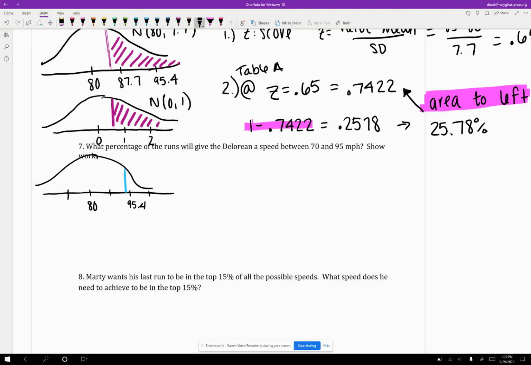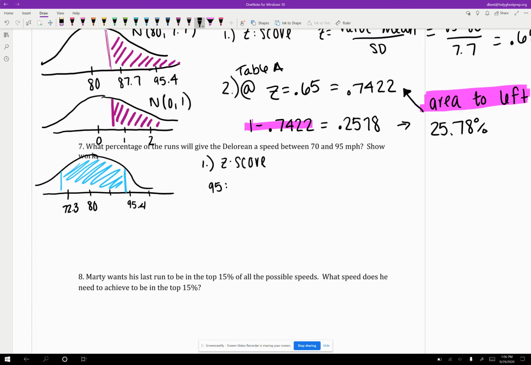And going in the other direction, I know 1 standard deviation below is at 72.3, so I am also to the left of that. So I'm looking for this middle section of my curve. And we're going to follow the same process, but we're going to have to find the difference between the two. So first, again, solve for your z-scores, and I would say you should pause this and solve for your z-scores, and then come back and check them.